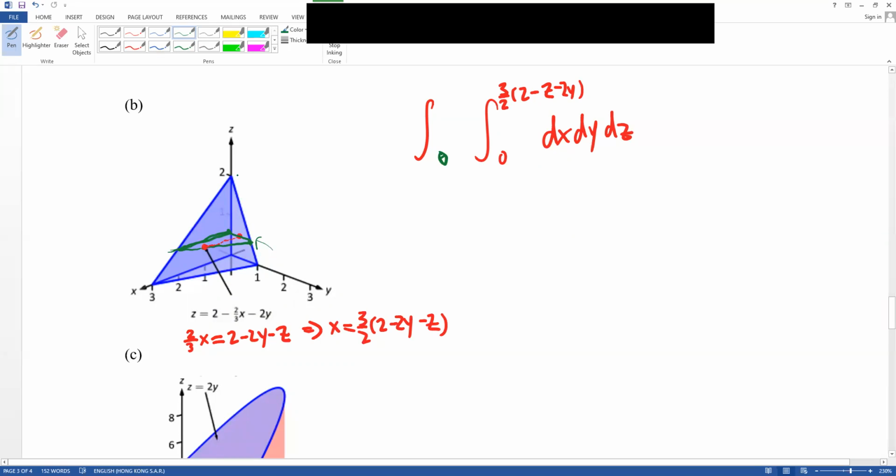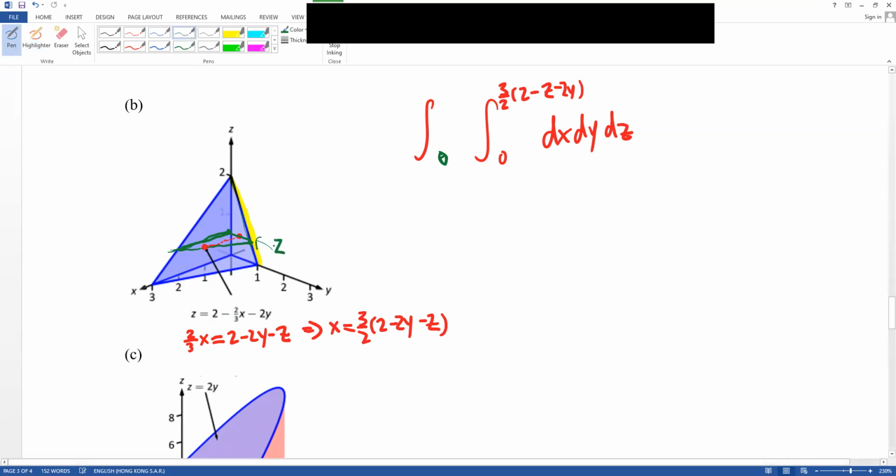To do that, I need to know the equation for this line. What is the equation of this line? To get the equation of this line, we just take the equation for the plane, but set x equals 0.